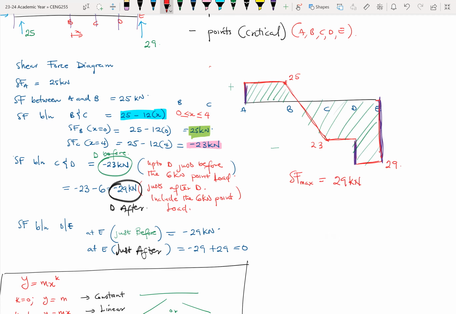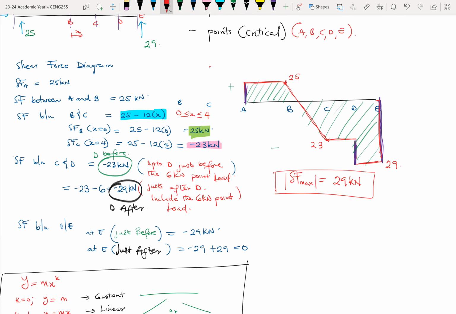Yes, 29 is negative, but negative only indicates direction. So your maximum shear force is 29 kilonewtons, maybe absolute, so that it makes sense. Algebraically, SF max should be absolute.